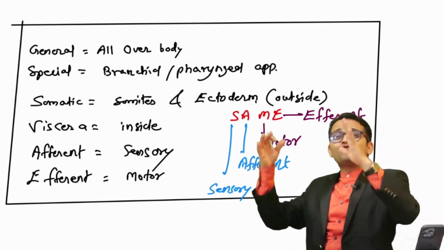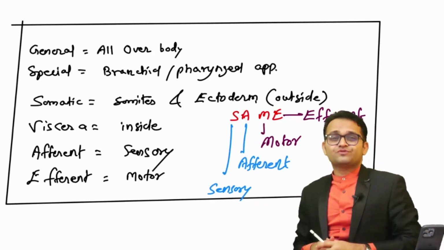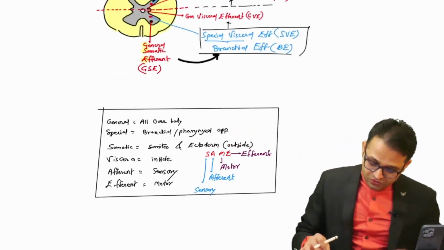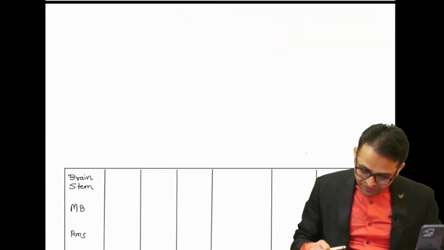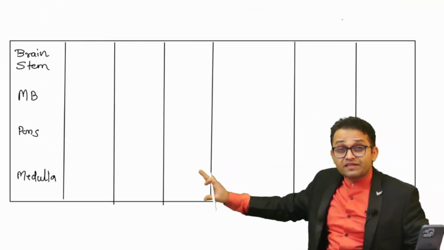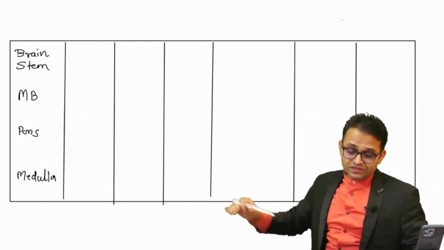So now we are going to look at what cranial nerve nuclei are asked in our exam. We are going to look at the different cranial nerve nuclei located in the midbrain, and these have this sequence.